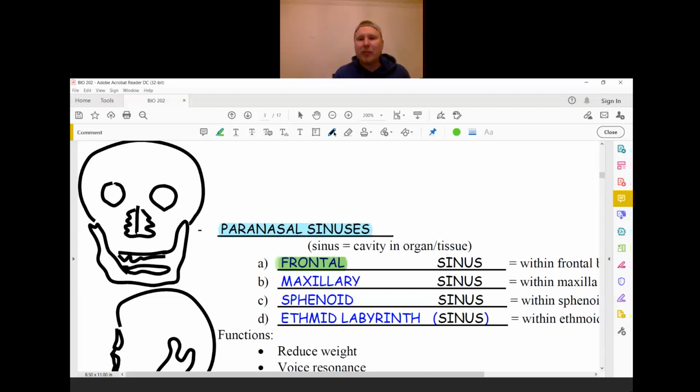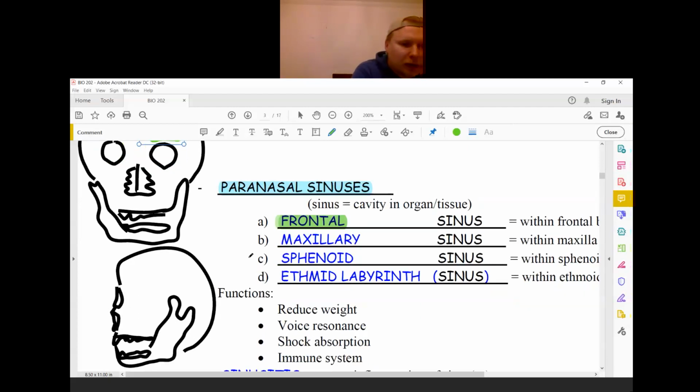So the frontal sinuses on the left and right side would be located within the frontal bones. If you want to visualize them roughly on a sketch, they're of course above the eye sockets, these little empty spaces there. Let's add it also to the side view of the skull there.